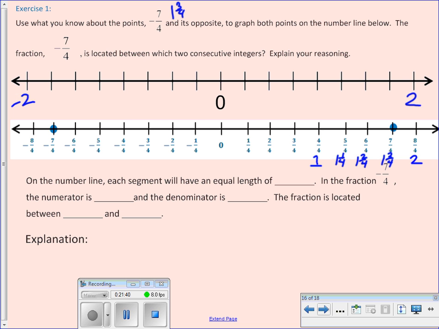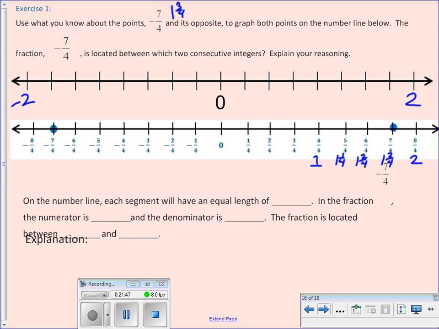But you're labeling this now in your notes, gentlemen. So by using equal lengths of 1/4, the numerator is negative 7 and the denominator is 4. So the original fraction of negative 7/4 is located between negative 2 and negative 1.